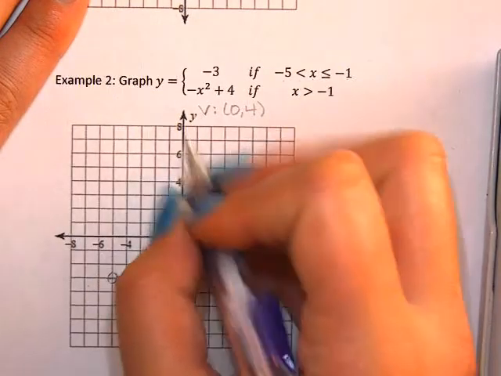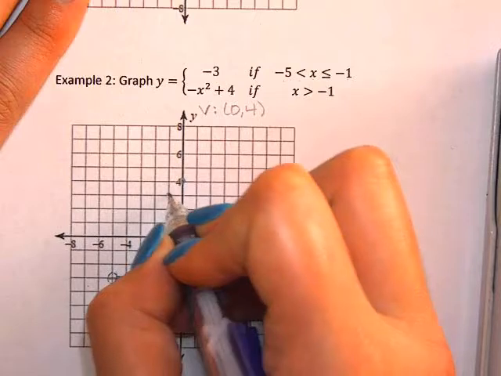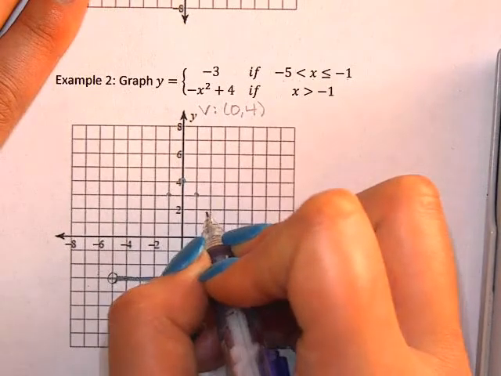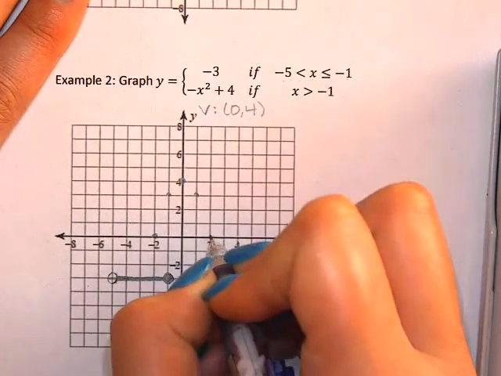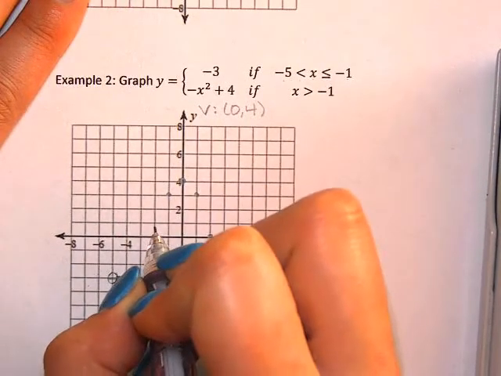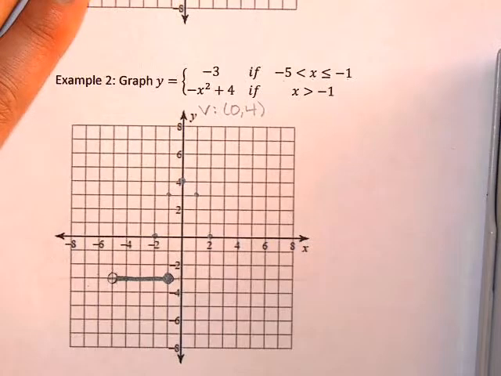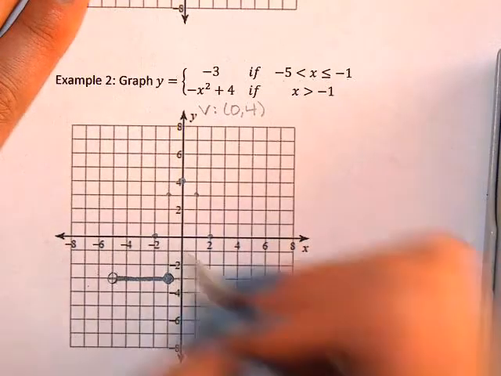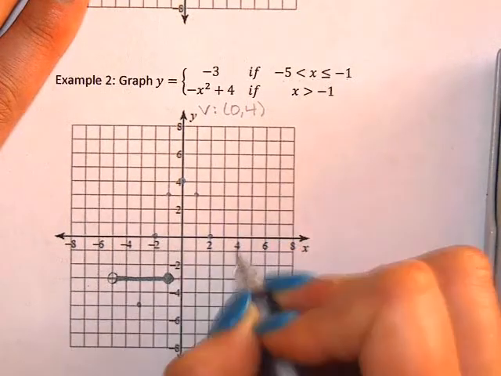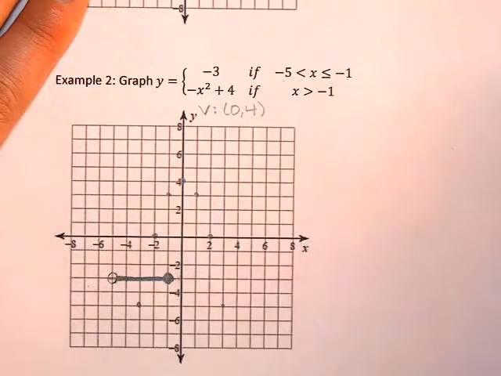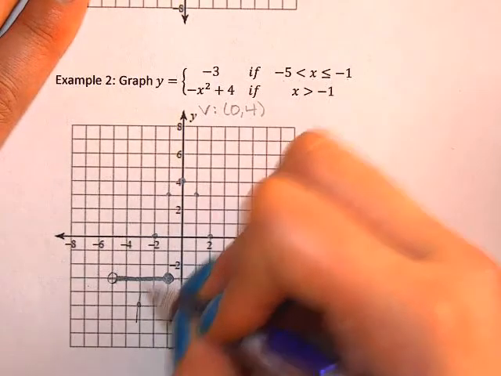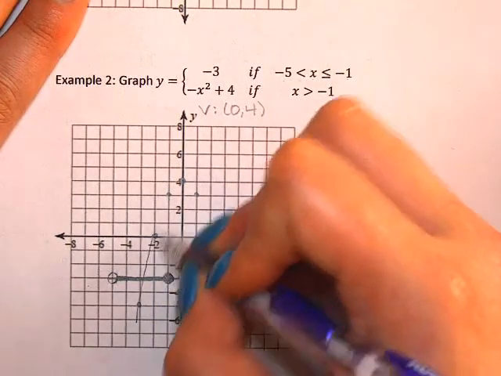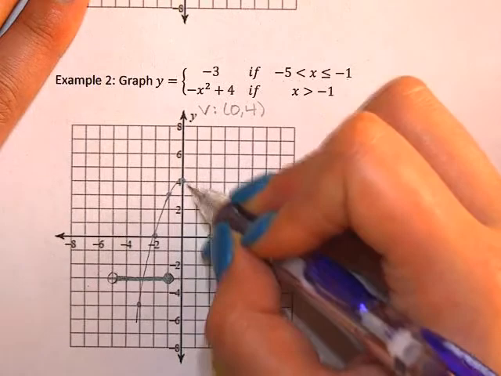And then I have -1, 3, and 1, 3, -2, 0, and 2, 0, -3, -5, and 3, -5. So I'm going to go ahead and trace this and make it pretty light.